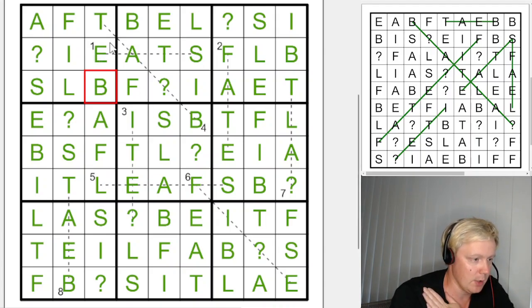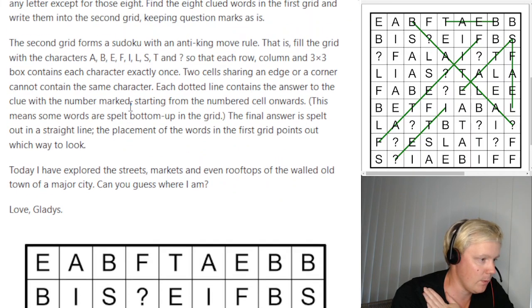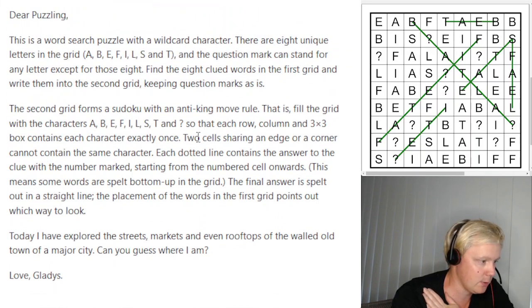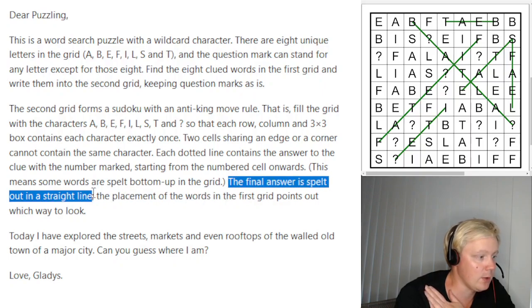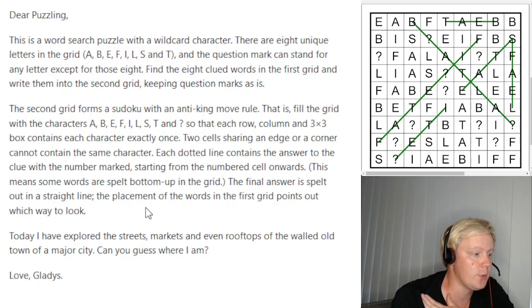Let's go back to the description. So what did Gladys say about the final answer? So the final answer is spelled out in a straight line. The placement of the words in the first grid points out which way to look. Well, if you squint a little and look at this, the placement of these words sort of makes an arrow.